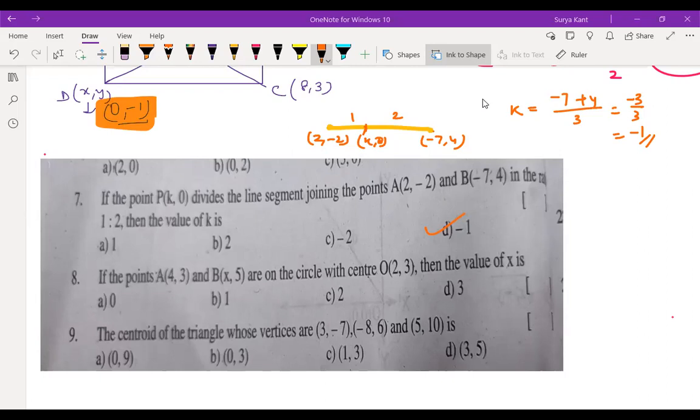Center is 2, 3. If this is the thing, 2, 3 will come somewhere here.